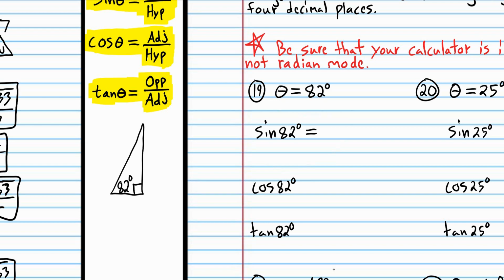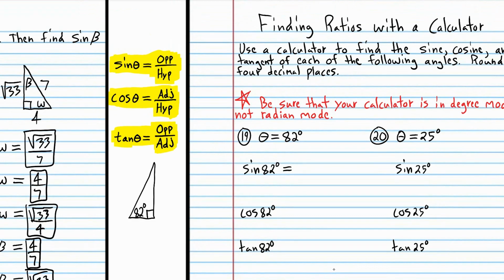So we know two of the angles. We know 82 degrees, and we know this angle is a right angle. Now, the important thing to understand is that sine, cosine, and tangent, as you can see, they are ratios. So what that means is it doesn't matter how big or small this triangle is.